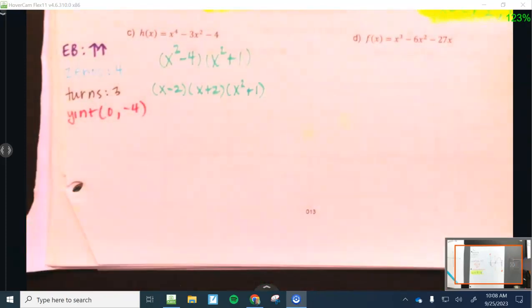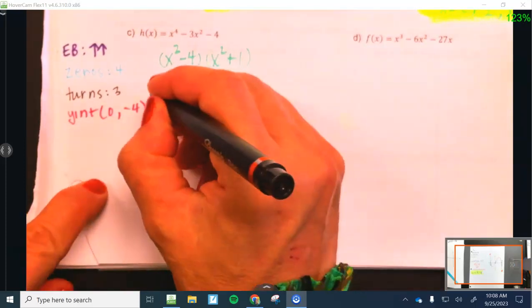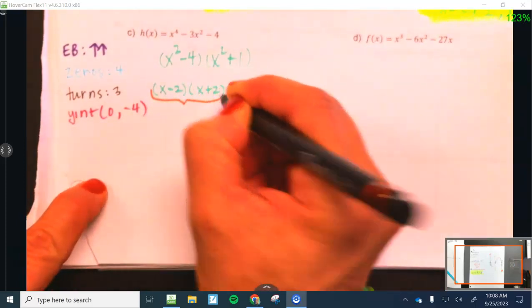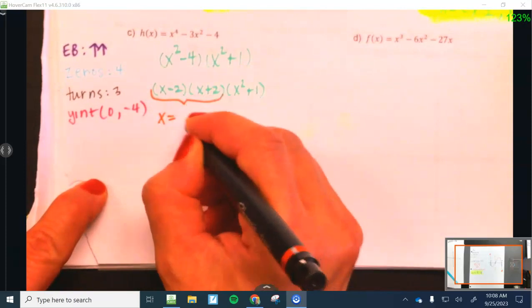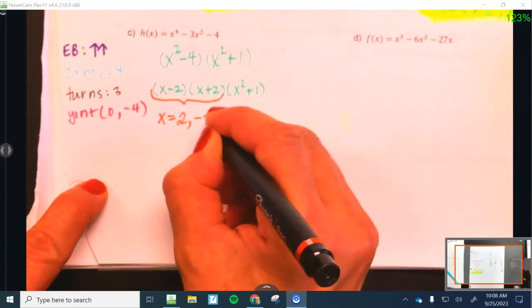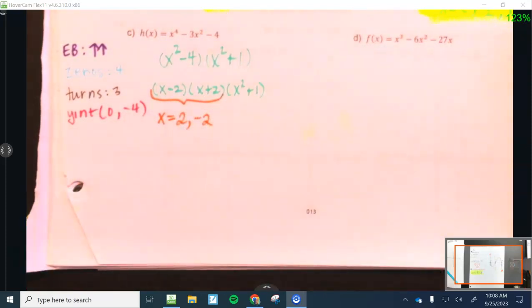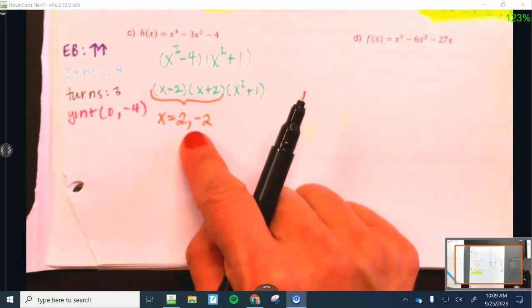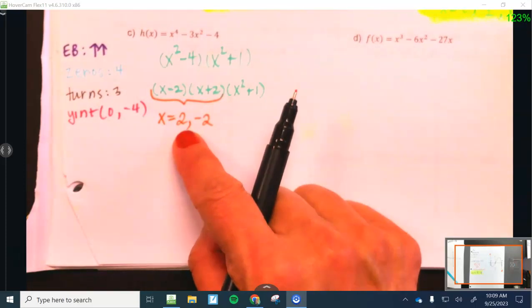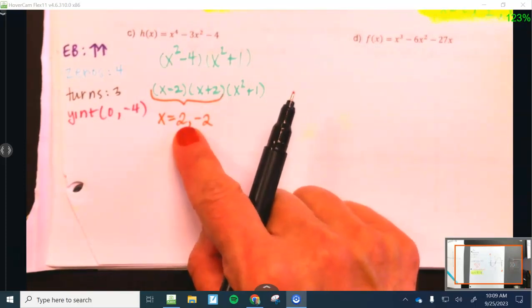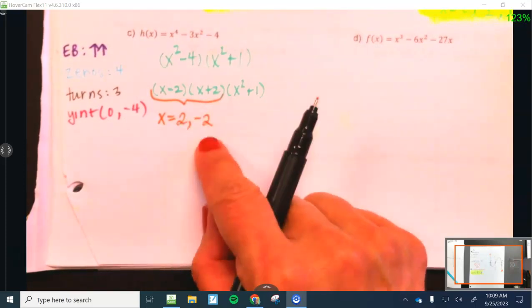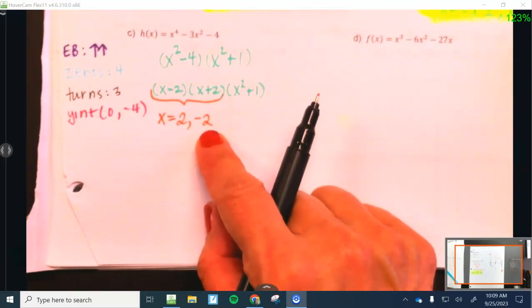All right, so listen. You've got some real and you've got some imaginary. That's completely factored. I know x is going to equal a positive 2 and a negative 2. I know that if I graphed this, I would really see on a real coordinate grid, it would go through the positive 2, 2 places to the right of the origin, and the negative 2, 2 places to the left of the origin.